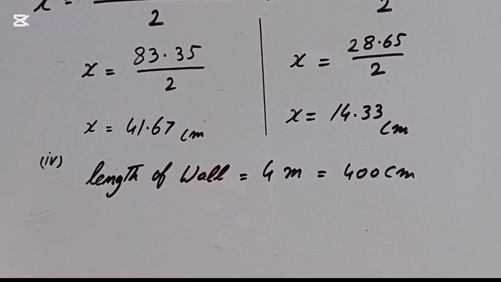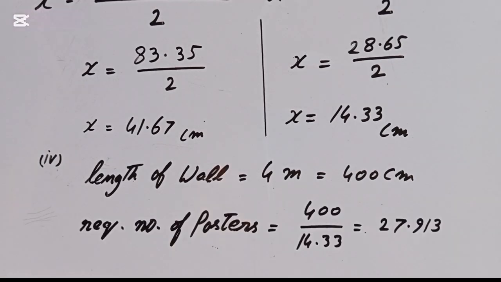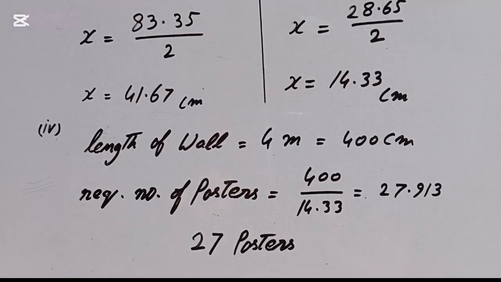Now the number of posters we can paste on this wall without any overlap would be equal to this 400 divided by the breadth 14.33. As this is about the number of the posters, so we'll consider just the integral part of the answer, so 27 posters. Now we take next question, question number 2.